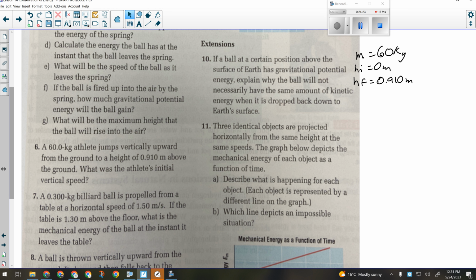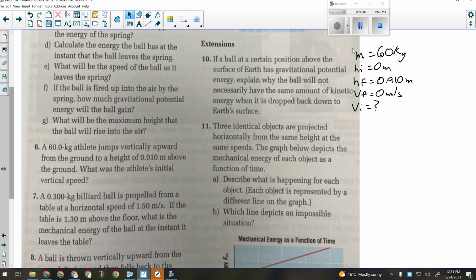How fast are they going at that final height? 0, because that's their maximum height. You slow down all the way to your maximum height. So VF is 0 meters per second. We're looking for what speed they left the ground at. That's VI, from the context of the question.